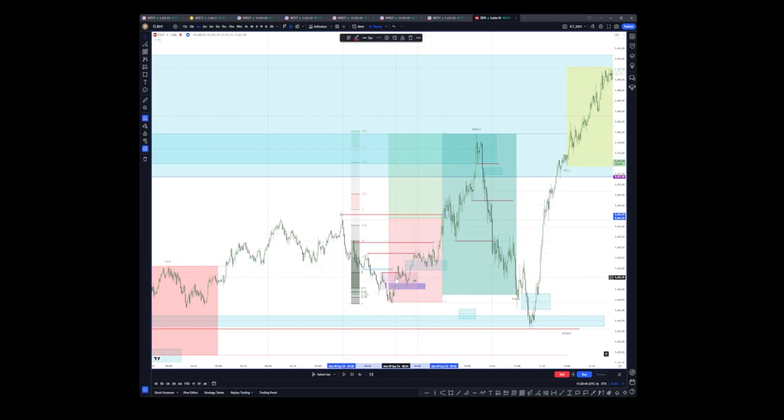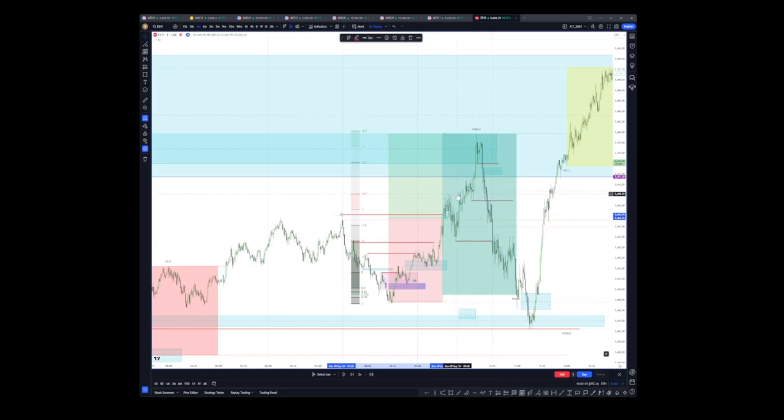Anytime the market structure shift happens, it gives you an opportunity to take a trade. Look, market structure shift happened, price came back, fair value gap, went up. Market structure shift happened, came back again into this fair value gap, went up. Market structure shift happened, came back again into the fair value gap, and you could have taken the trade. And there's nothing else here, so there's no point. So this would have been your last opportunity.